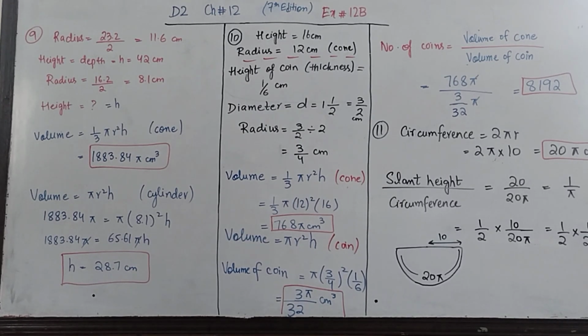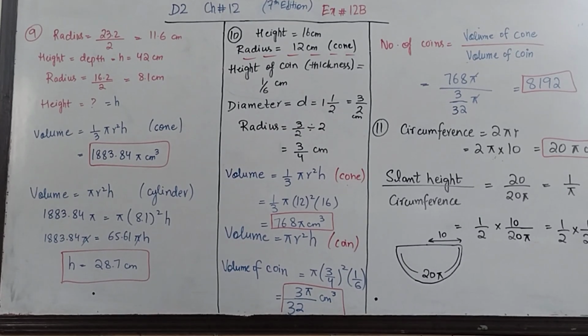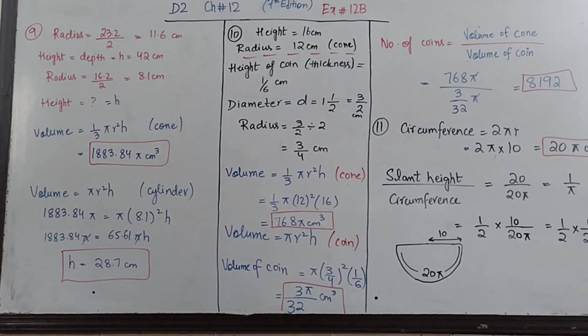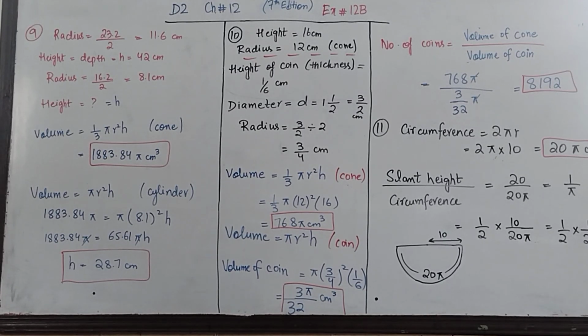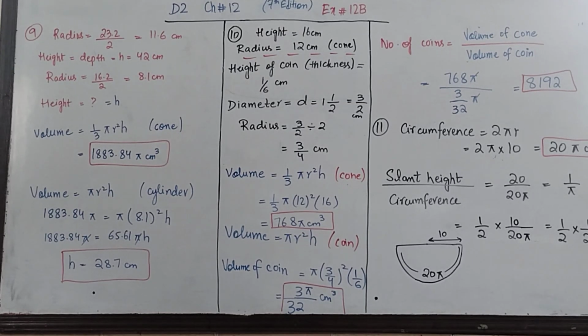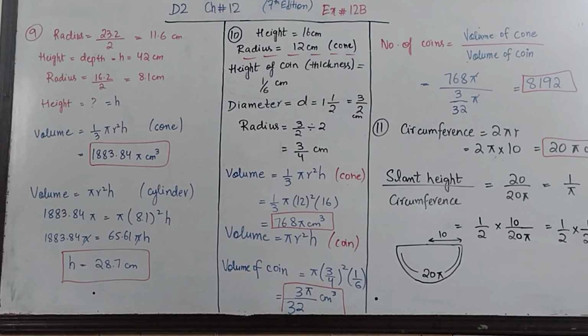The other thing is slant height divided by circumference. The slant height is 20 for the whole figure. Basically the slant height is equal to the diameter of the net, and the diameter is 20, double the radius.